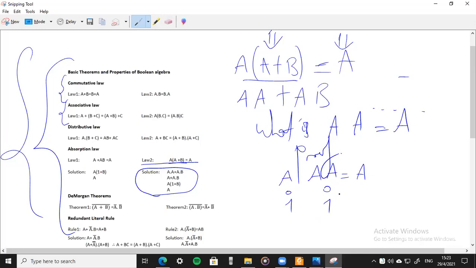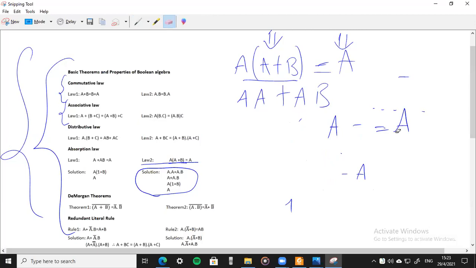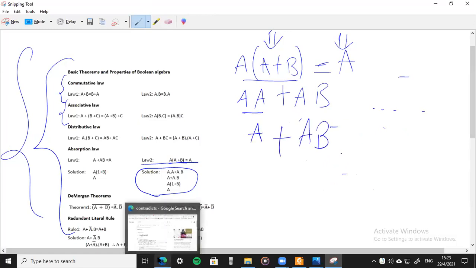If you understand how to manipulate what I just did there, I don't know the laws, but I know how to manipulate the numbers. So it gets me to a point where I understand that AA can be the same as A. So if I simplify from this point, this equals A plus AB.